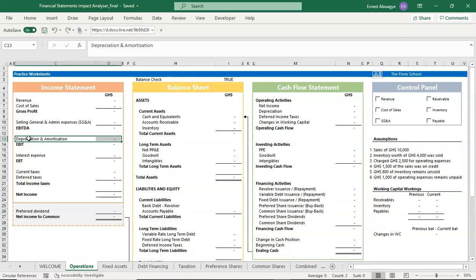So in essence, the logic is still the same, only that depreciation is for fixed assets, and amortization is for non-fixed or intangible assets. The write-off is what we call depreciation.